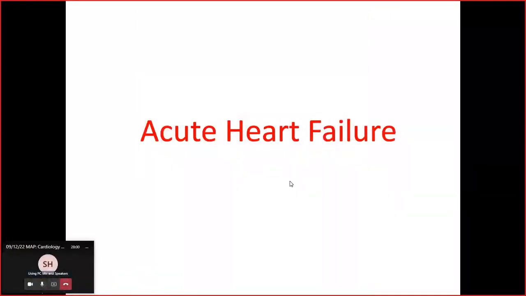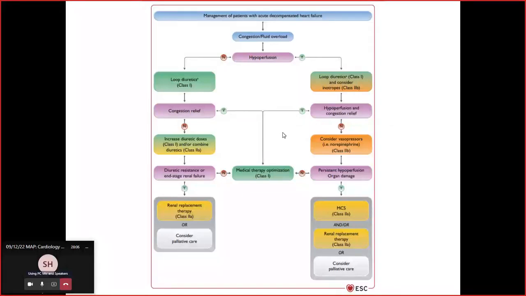Coming to the next topic, which is acute heart failure, a patient presented with acute deterioration of heart failure. So management of this patient will depend on the perfusion, which is according to the blood pressure, whether the patient is in shock or not. So if the patient is not in shock and presented with acute decompensated heart failure, we will start with a loop diuretic immediately with a higher dose to relieve this congestion.